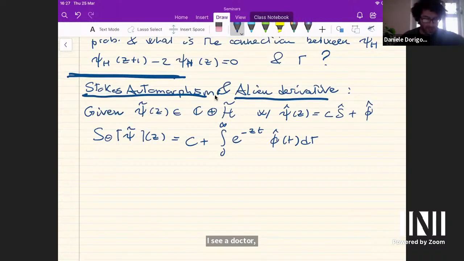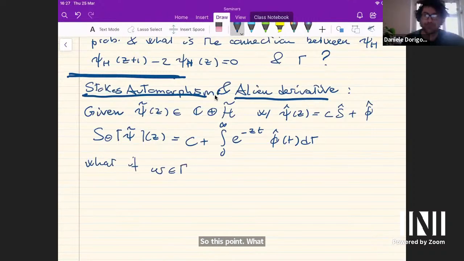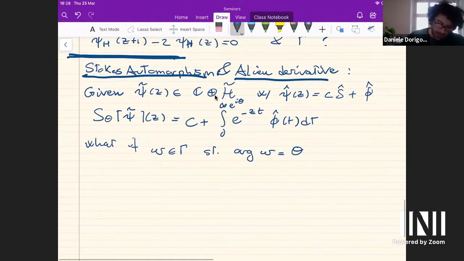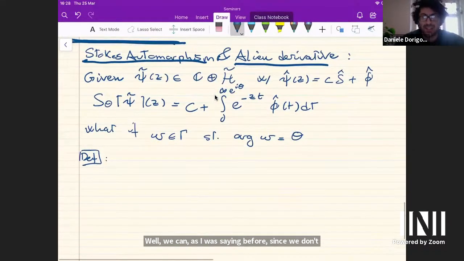Good. So at this point, what if we have a singularity, so an omega in gamma, such that the argument of omega is exactly this direction that I forgot to put in here, the e to the i theta? Well, as I was saying before, since we don't have an accumulation of singularities, we can slightly deform.